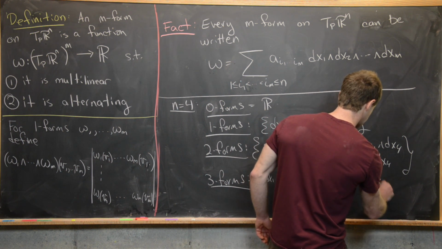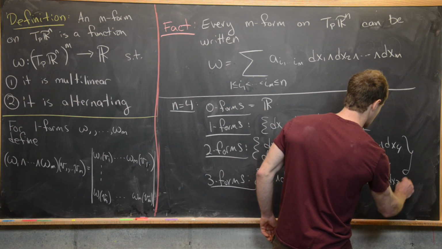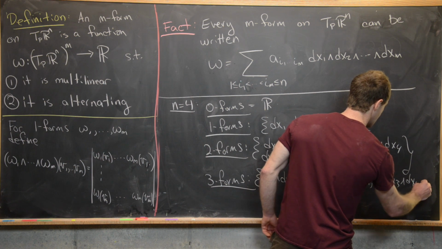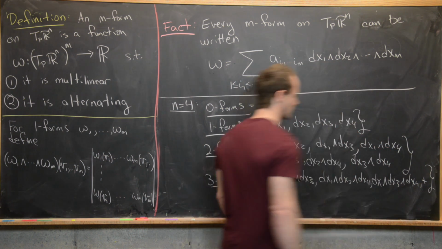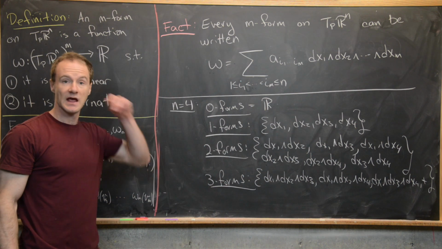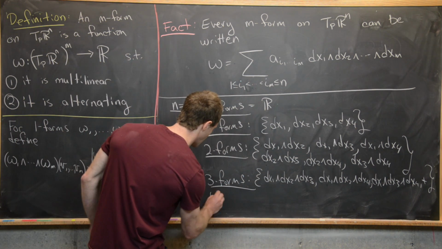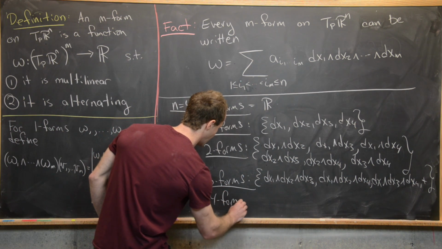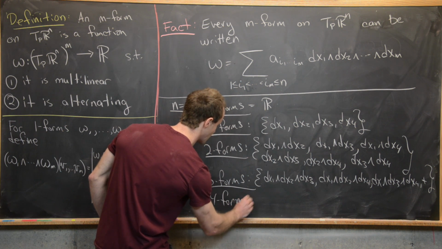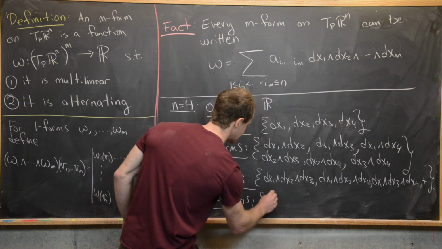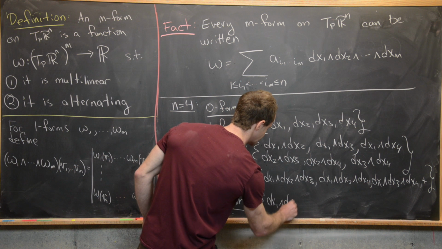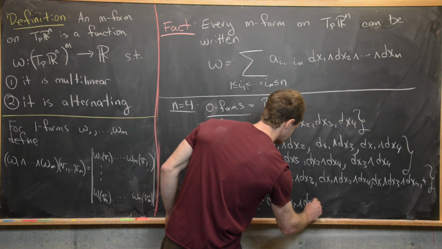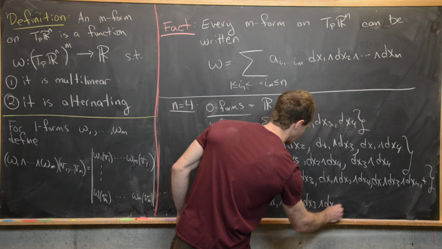We would have dx1 wedge dx3 wedge dx4, and then plus one more. Great. And then 4 forms, there's only one of them. And 4 forms are kind of dual to 0 forms. And in this case, we've got dx1 wedge dx2 wedge dx3 wedge dx4.